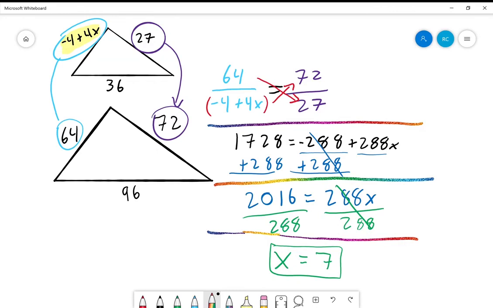This is the diagram. Okay, so to recap this problem, the first thing we did was we separated the two triangles, we redrew them, and we relabeled them so that we wouldn't get confused. To find our multiplier, we took 64 and divided by negative 4 plus 4x.